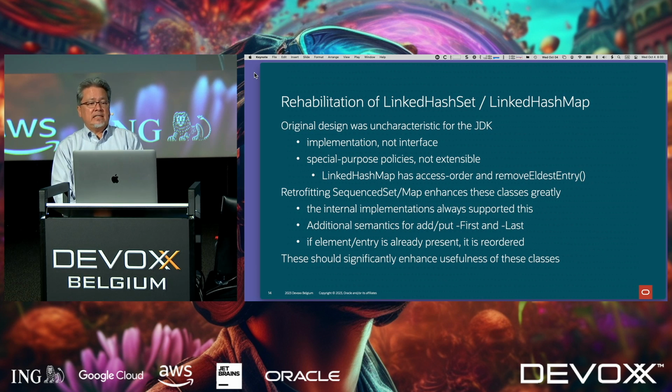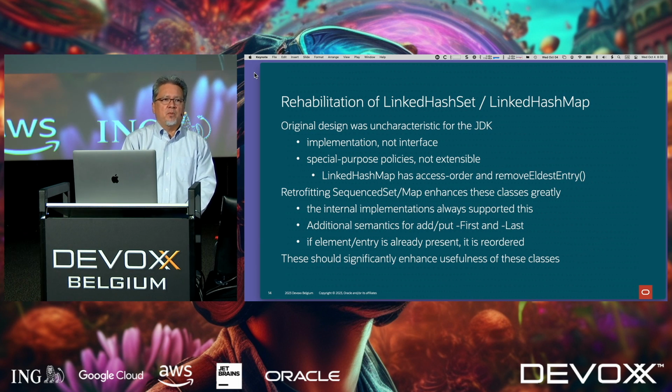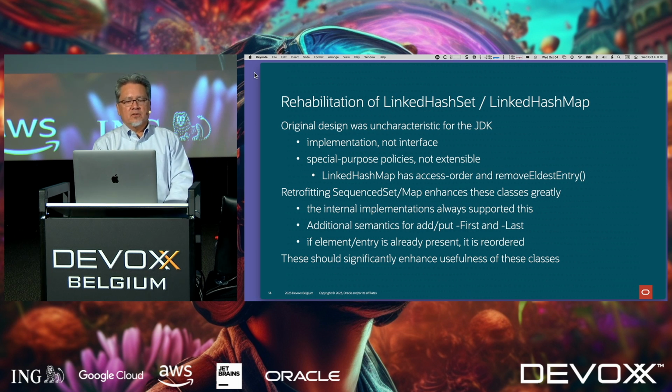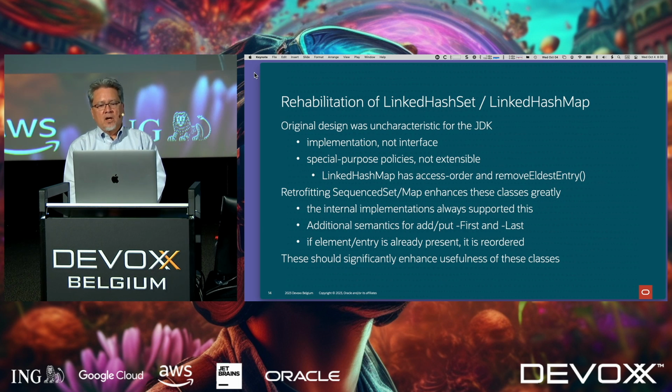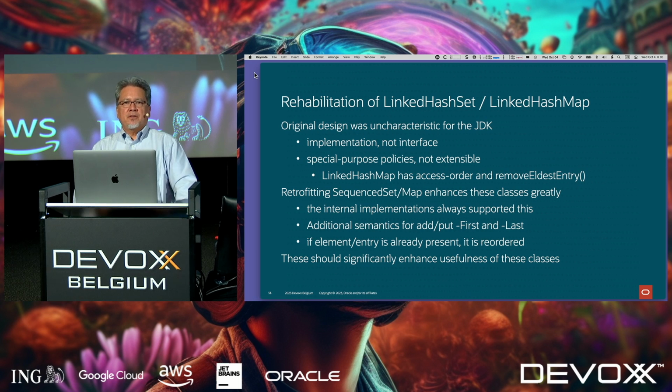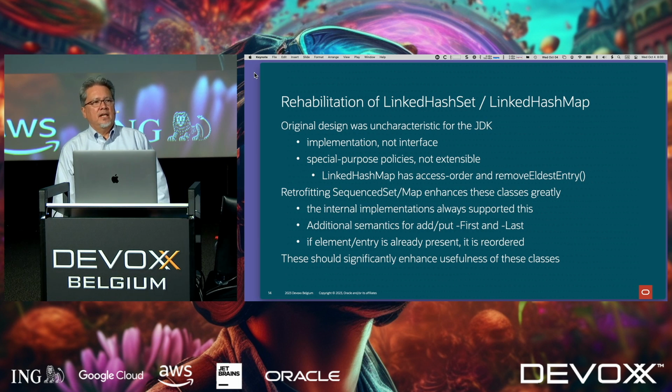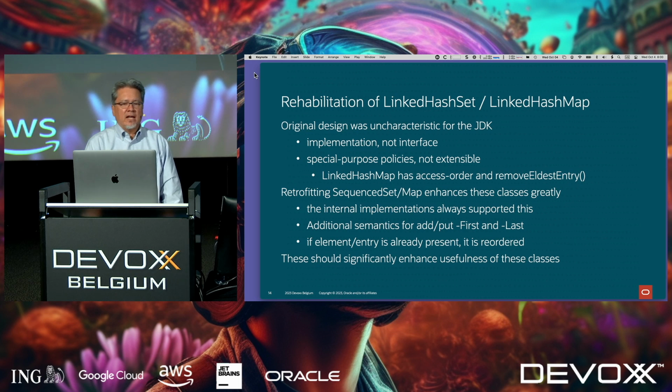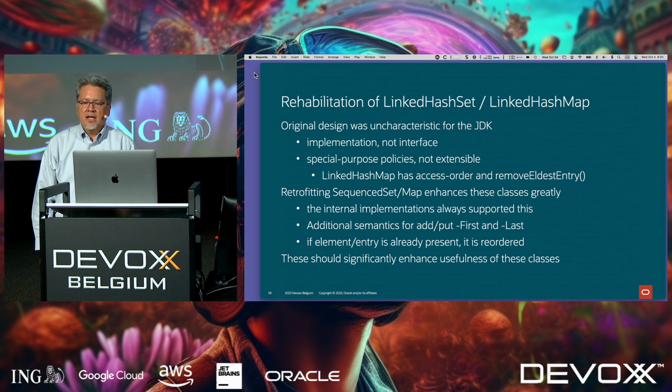Another thing is that linked hash map has a couple special purpose policies baked into it. So it has insertion order and access order, and you pass a Boolean to the constructor to get access order. And that just enables some special behaviors. And then you can also subclass and override a method called remove eldest entry, where eldest means first in this context.